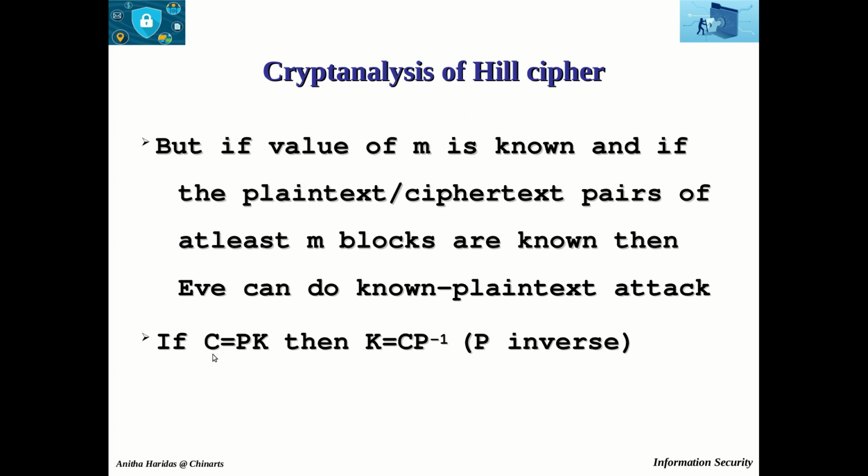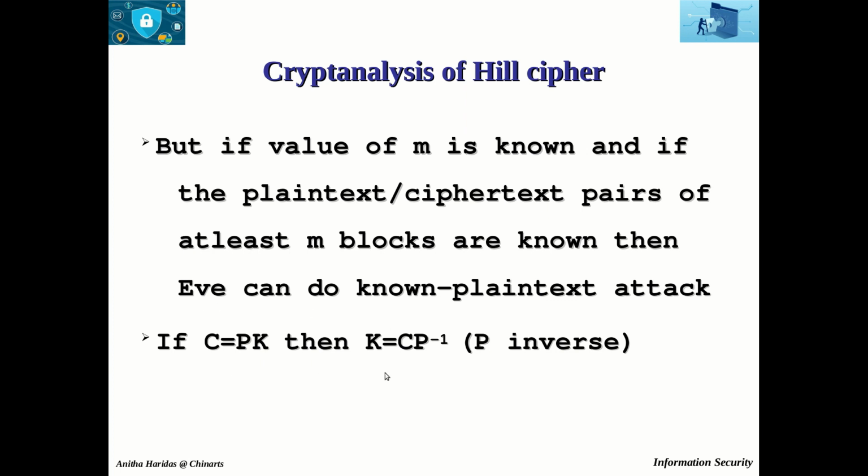If C, which is the ciphertext, is equal to the plain text times the key matrix, that is C equals PK, then K can be found using the ciphertext multiplied with P inverse. P inverse is nothing but the inverse of the plain text blocks. So if the attacker has got some plain text and ciphertext pairs, she can get the key by multiplying the ciphertext with P inverse.